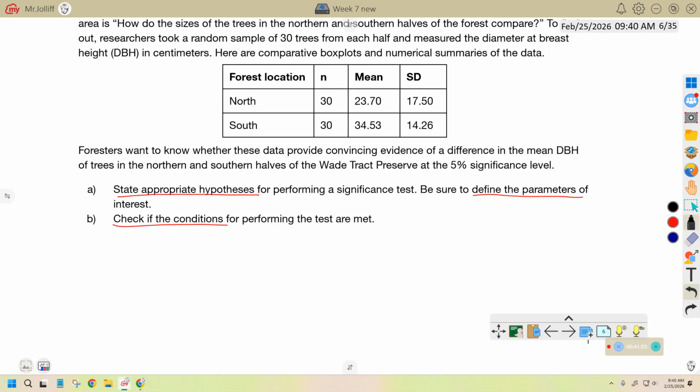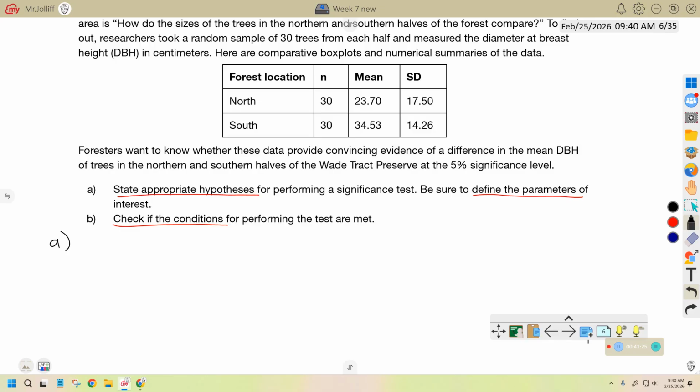I'm going to start with A. So I know that this is a significance test for two means, for two reasons. One, I was given two clear groups, trees in the south, trees in the north. And in the table, they gave me means, not proportions.